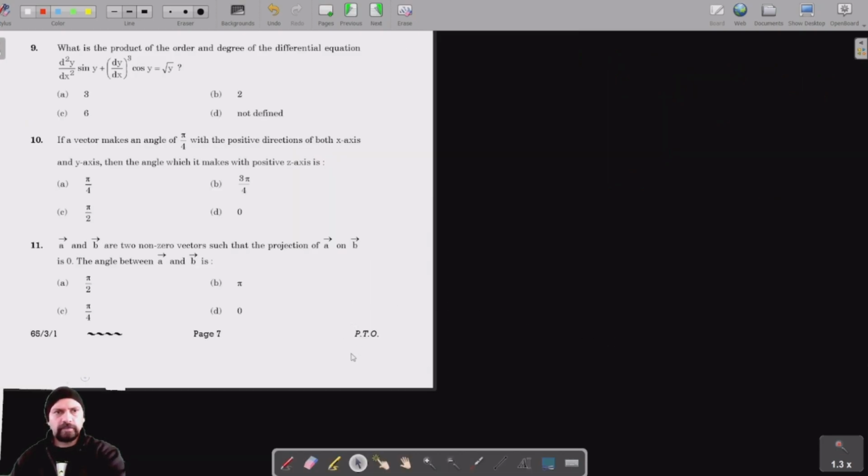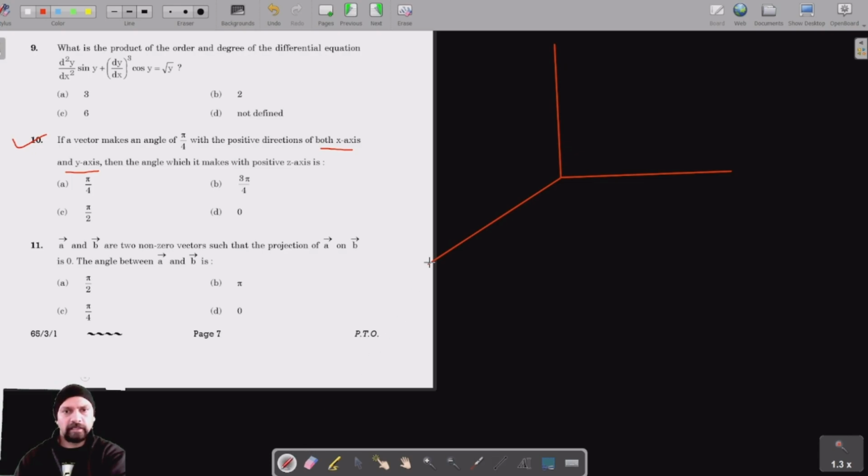For question number 10, it says that a vector makes an angle of pi by 4 with positive directions of both x and y axis. And we know that if the name of the angles which a vector makes with x, y, and z axis is alpha, beta, and gamma.